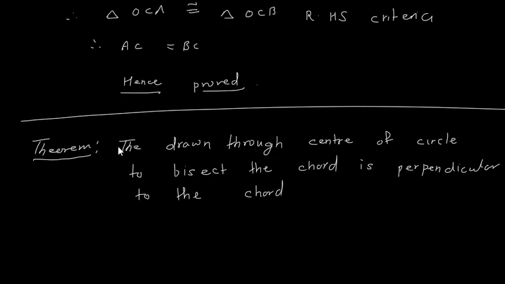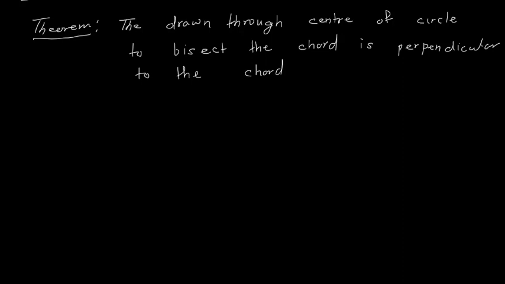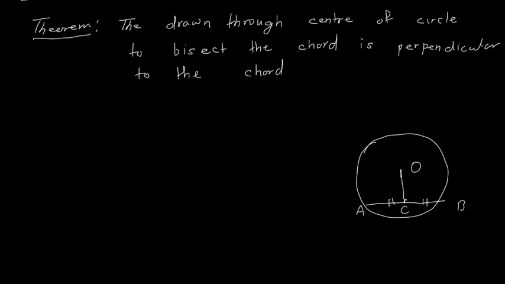Okay, so that means, let us consider this as a circle, this as a chord AB, take its midpoint C and take here center O and join this OC. You have given this AC is equal to CB, and you have to prove that this angle OCB or OCA is 90 degree, that is OC is perpendicular to AB.